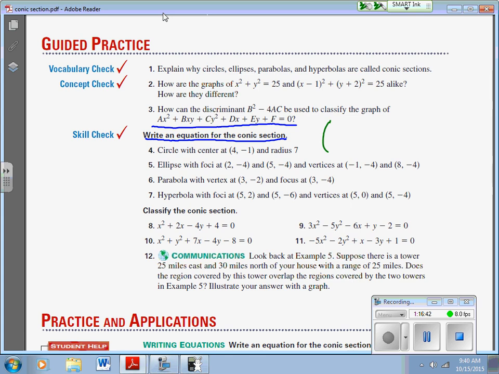The equation of the circle is x. Okay, see if you can fill in the boxes with the information. Okay, I'll give you a minute.